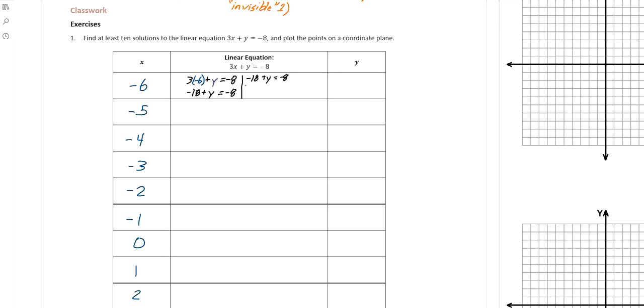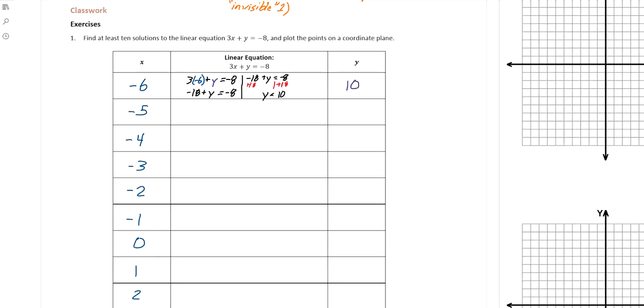We could add 18, because that'll cancel out with -18 equals 0. And we'll have y equals 10. So when x is -6, y equals 10.